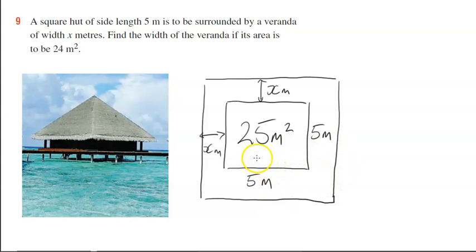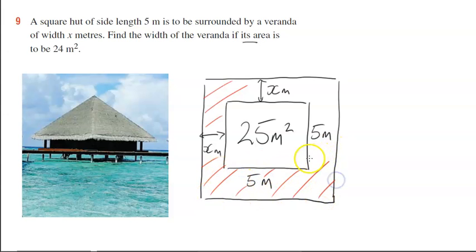Now it's asking to find this width here if, and this is where that more vague wording comes into play, its area is to be 24 square meters. Its area, meaning the area of the veranda, so this outside part, is 24 square meters.